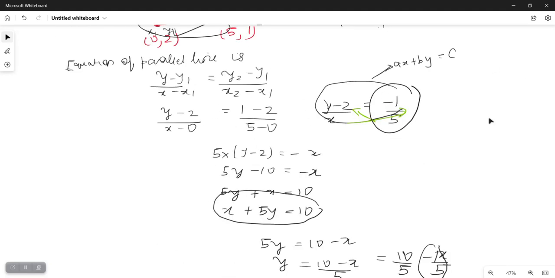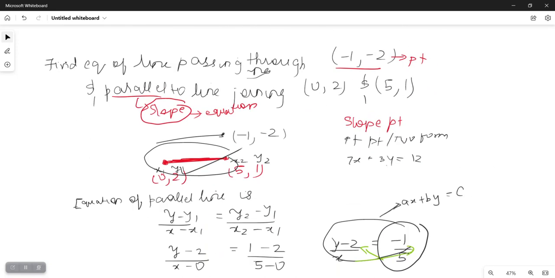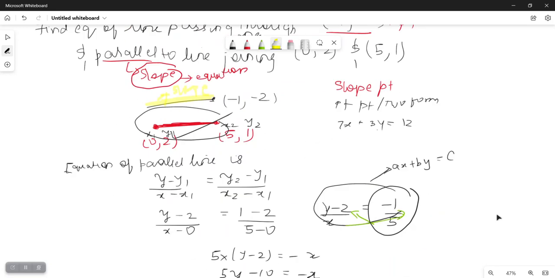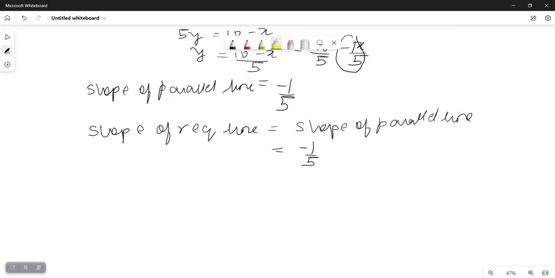So now the required line, which I'll mark in yellow color, this is the required line. We know the slope of this required line, and we also know the point through which it passes. So using slope point form, we find the equation.